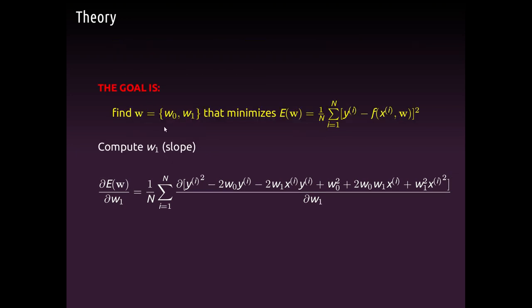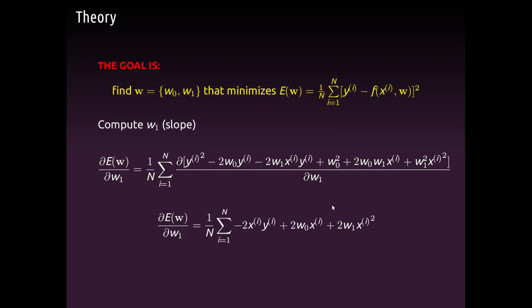Secondly, we will compute the derivative of the error function with respect to the slope w1. We have the same expression here, but now we will differentiate with respect to w1. Very simply, this term will be deleted, this term will be deleted. Here, this term will be minus 2 x super i y super i.